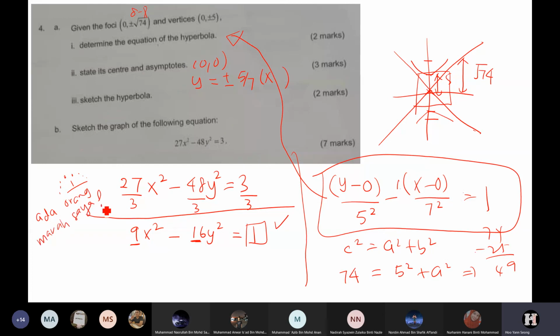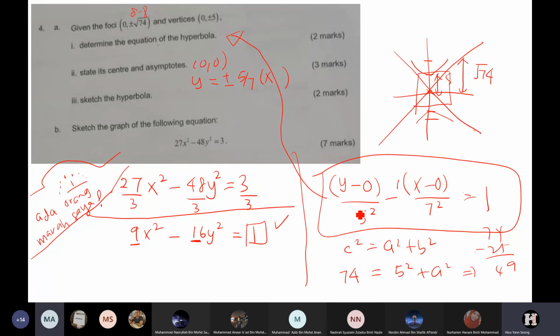Cepat. What is my A? Come. This one is already correct. So what is my A? Because you will know that here cannot be 9. Selalunya you jumpa sini tak ada yang bawah-bawah. So how you want to make your 9 going down?